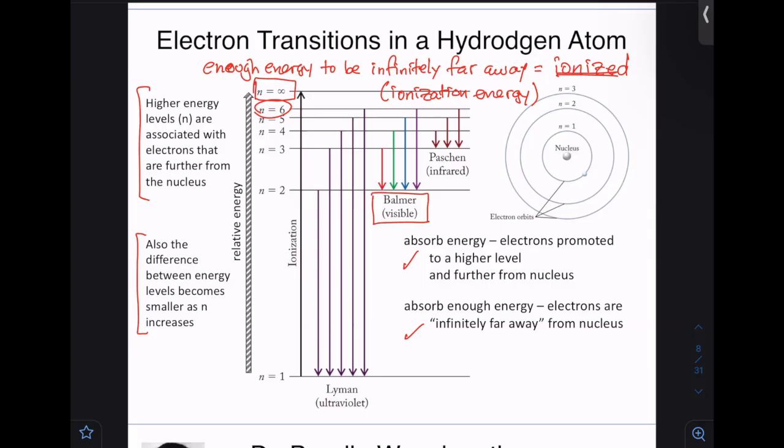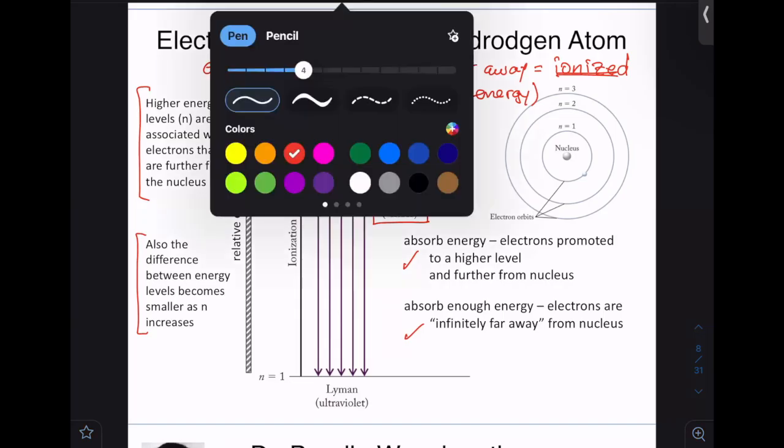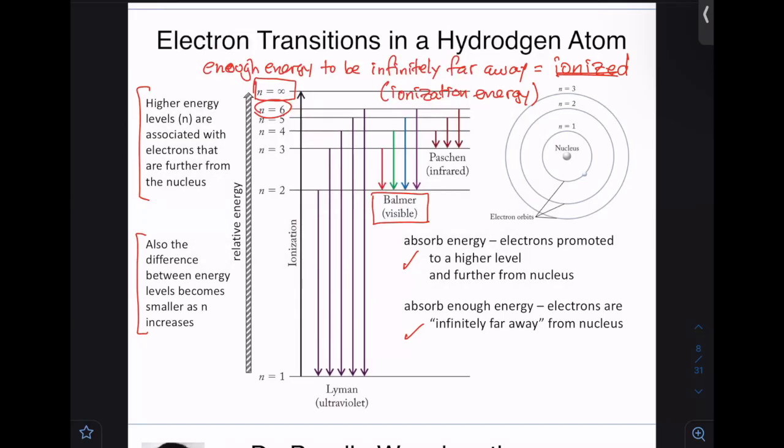So the Bohr model explains all of this really well for the hydrogen atom only. But it doesn't explain the others quite as nicely.